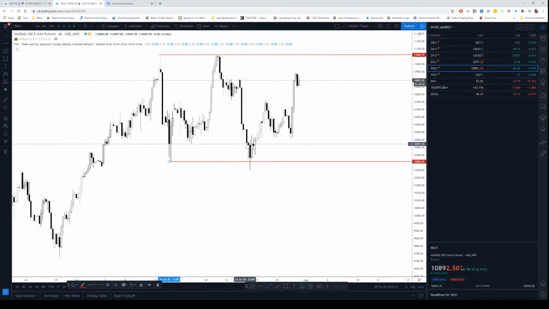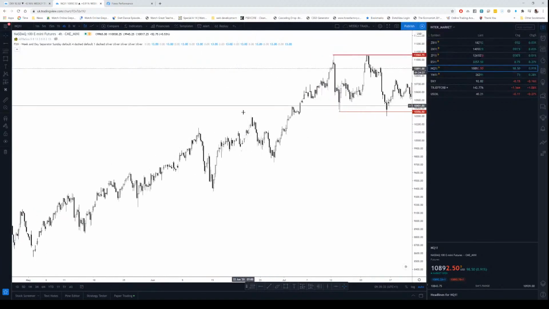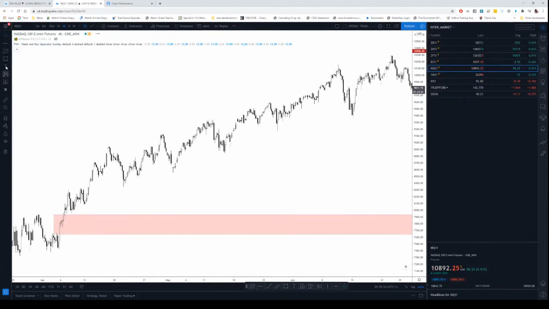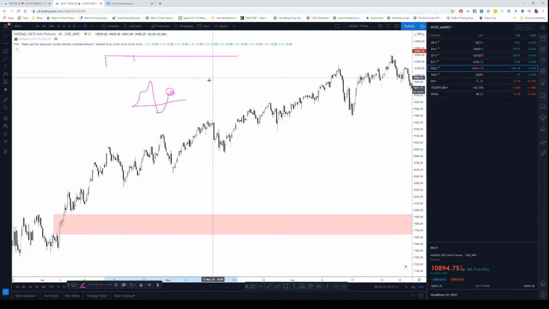Anytime you have a high, and price goes up, and then it comes down and runs a low and rejects, this prompts you that price is coming here.